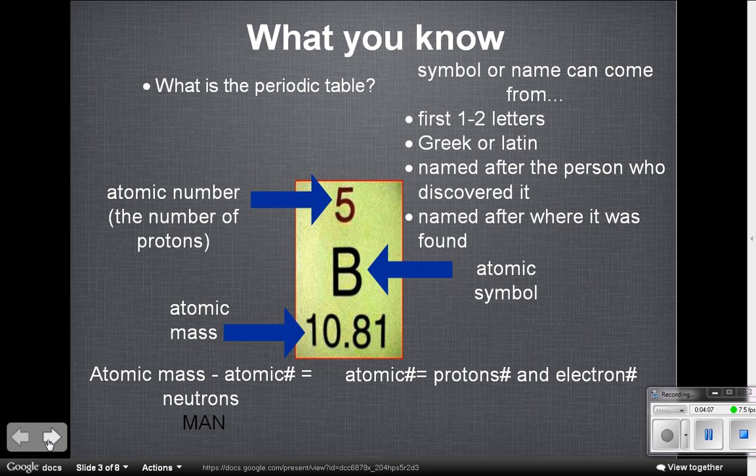So if the atomic number is 5, the number of protons is 5, and the number of electrons is, hopefully you said 5. Okay? So that is hopefully information that is review to you. If it is not, great time to relearn it.